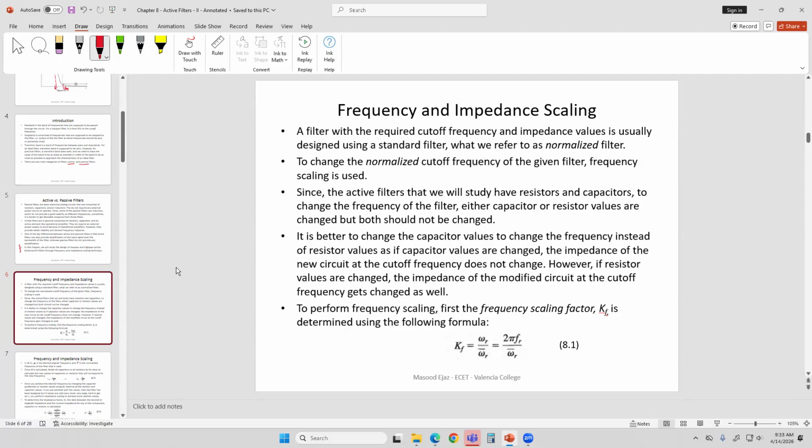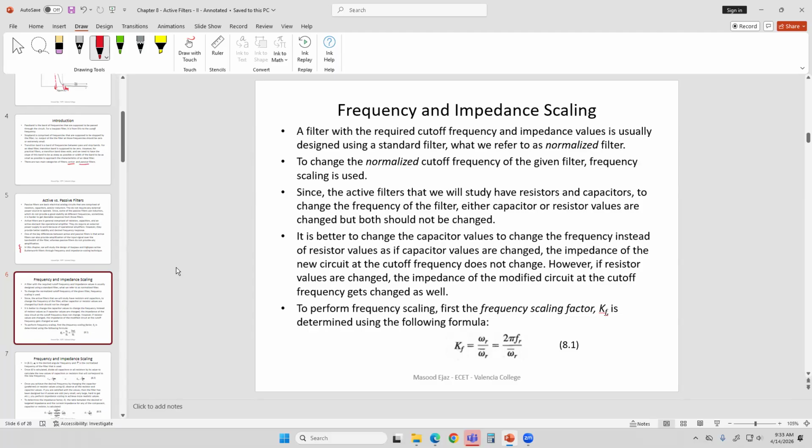And then normalized designs have a specific value of components. The ones that we are going to use are resistors and capacitors, and of course operational amplifiers. So you have specific values of resistors and capacitors in the normalized design, let's call it the base design or reference design.